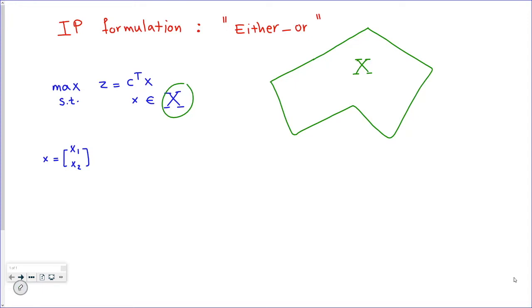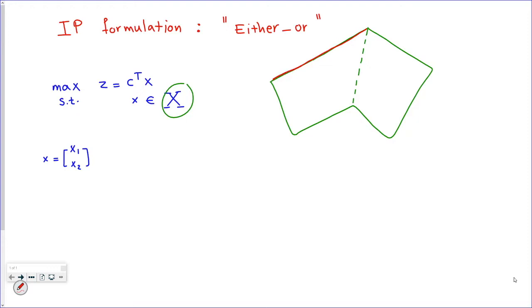We can say I want to consider every point in this region, but I don't have to consider them all at once. I can divide this region into two convex regions like this.